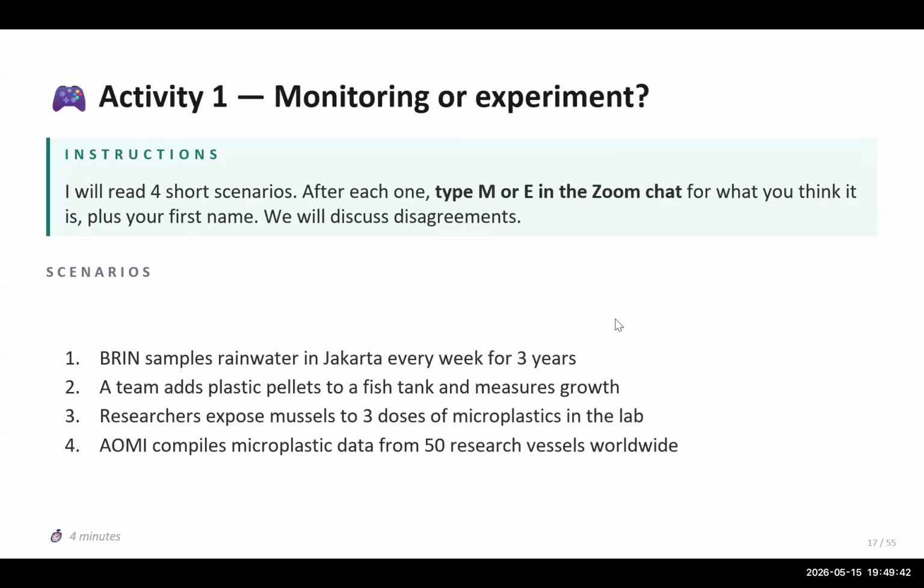Experiment? Maybe. Anyone else? Experiment. Anyone else?